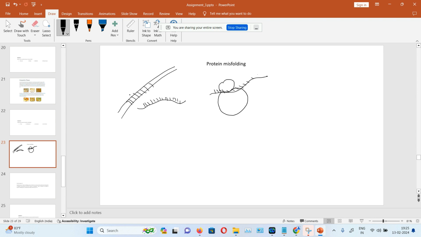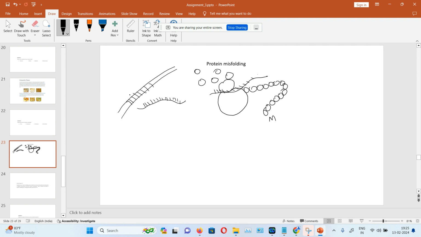The amino acids are combined by polypeptide bonds, and the protein is synthesized from the amino acids. From the corresponding code, the amino acid chain is formed, starting from methionine, and the protein chain gets formed.